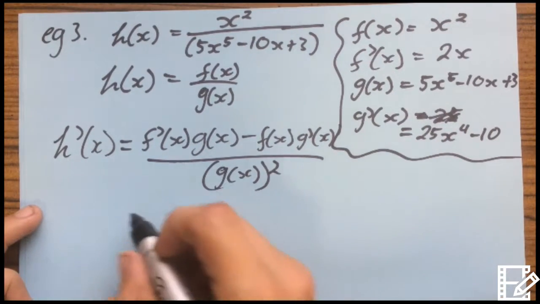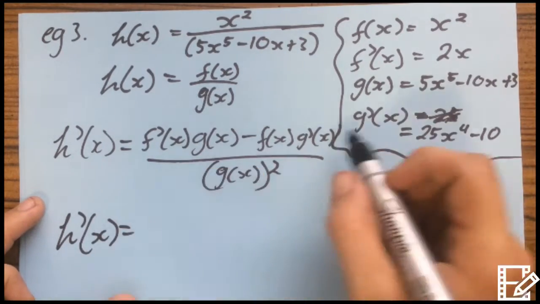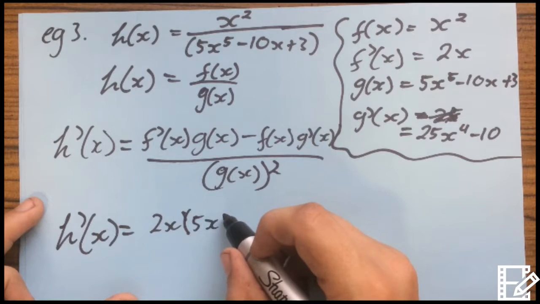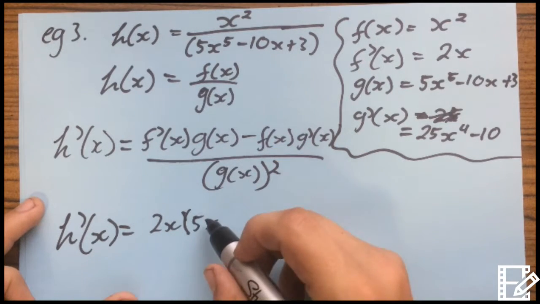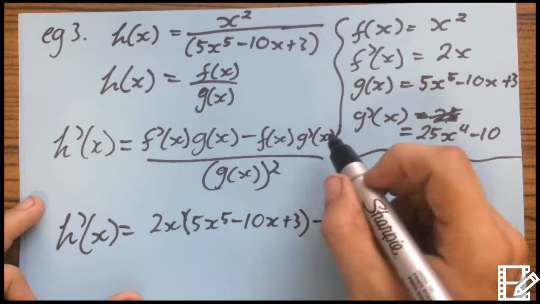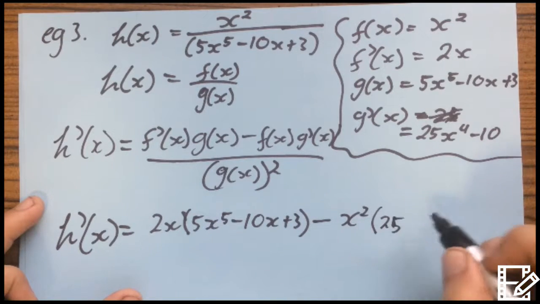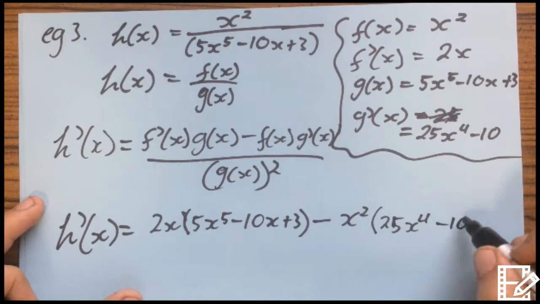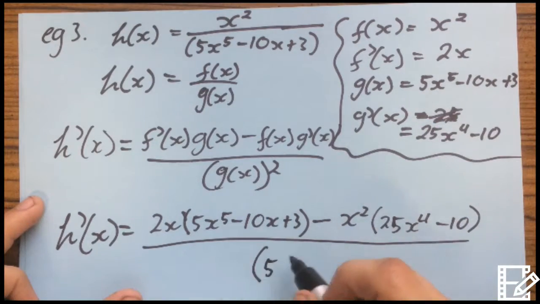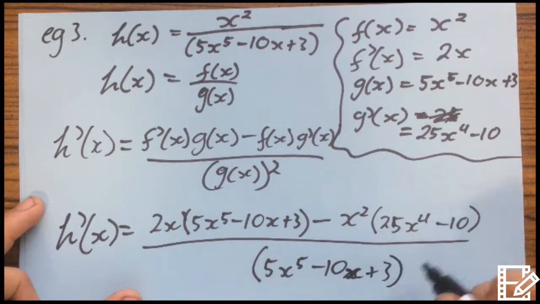So if we sub that in, what we have is 2x multiplied by g(x), f dash x multiplied by g(x), which is 2x multiplied by 5x to the power of 5, minus 10x plus 3, minus f(x) multiplied by g dash of x, which is x squared, multiplied by 25x to the power of 4 minus 10, all over g(x), which is 5x to the power of 5 minus 10x plus 3, squared.